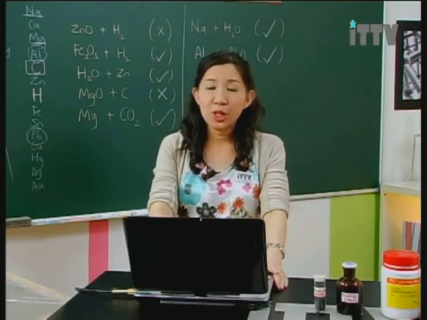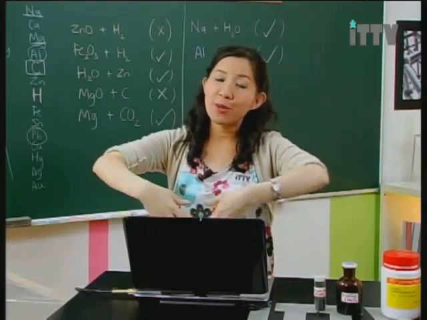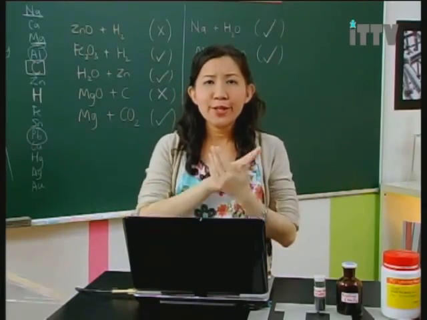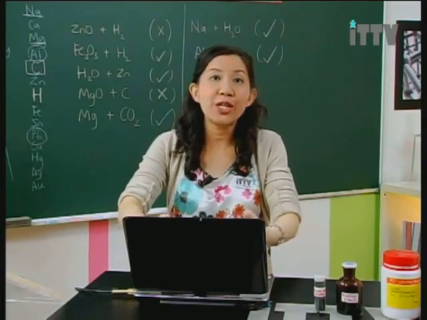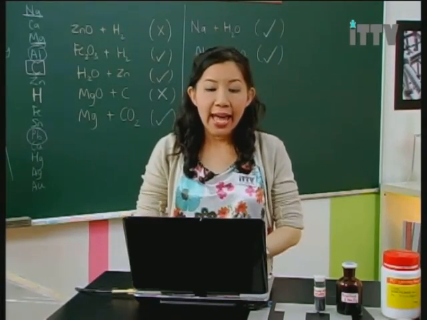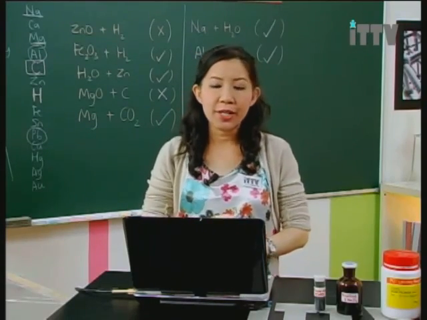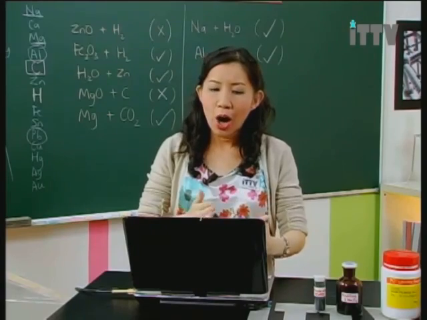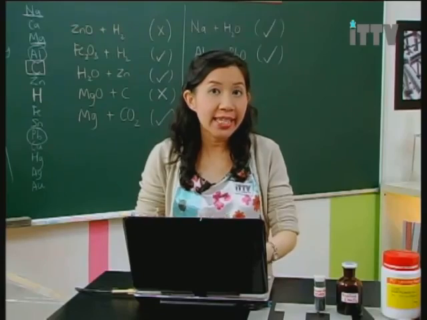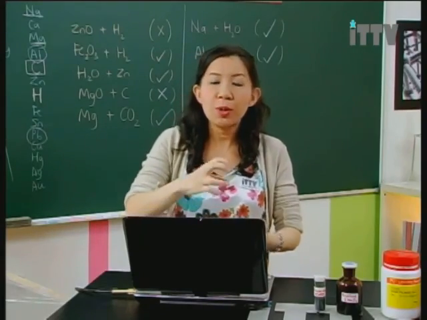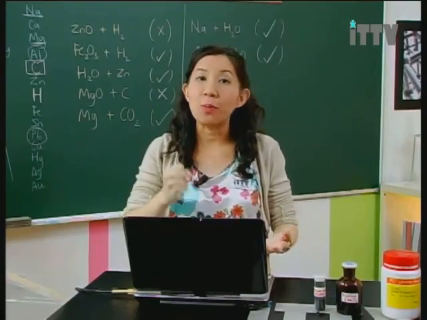So let's wrap it up with a short recap for today's lesson. We looked at the redox and reactivity series, as well as a series of experiments to predict the position of metals in the reactivity series. And secondly, we looked at applications of the reactivity series. For example, we wanted to know how reactive a metal is relative to each other, and we're able to choose a particular method to actually extract a metal from its ore.